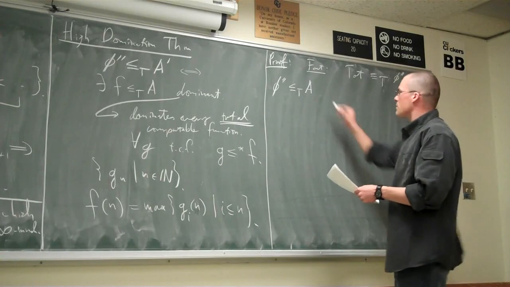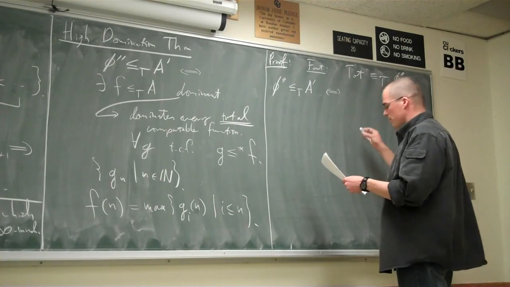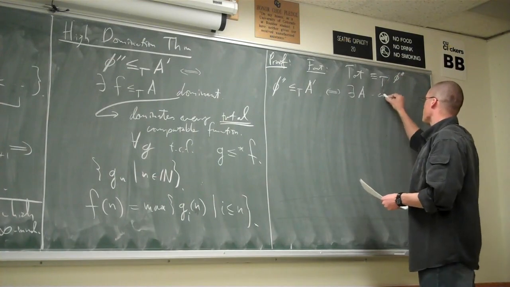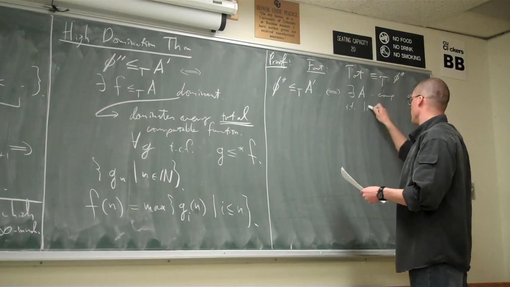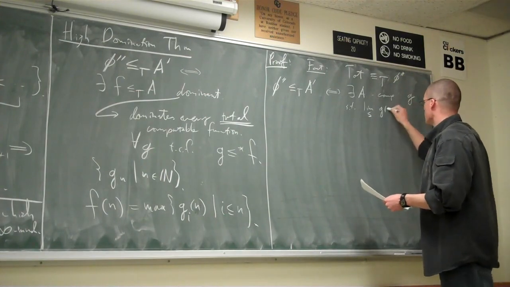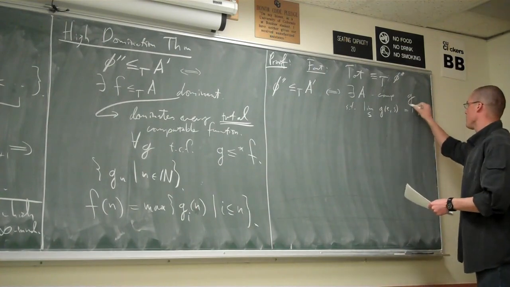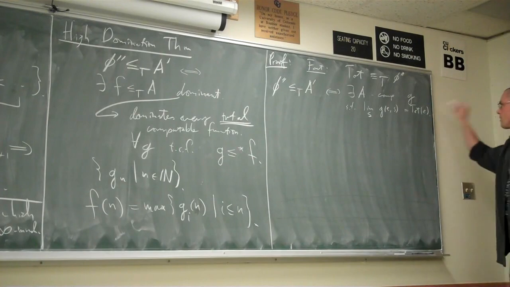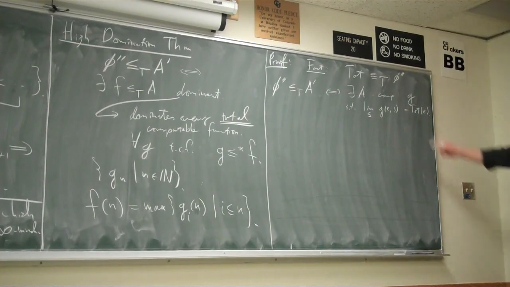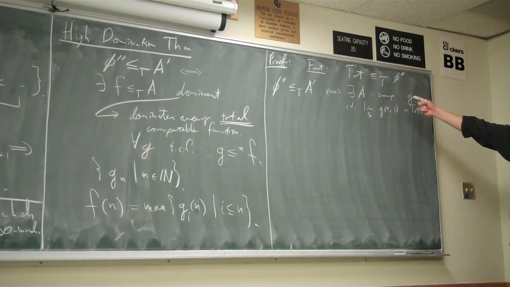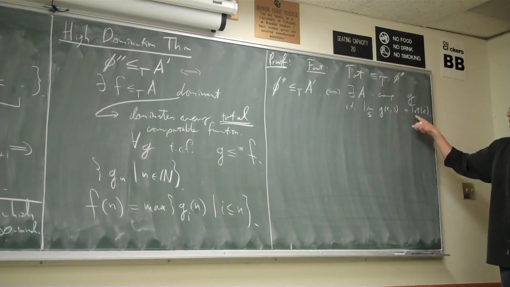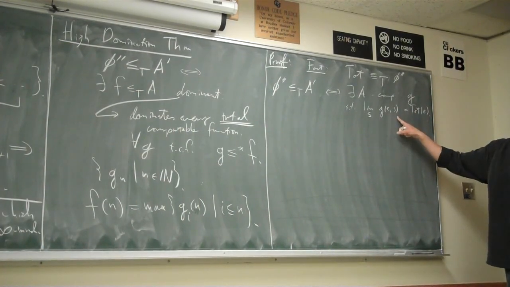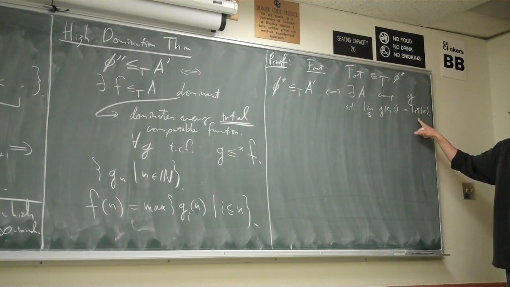Zero double jump Turing reduces to a jump if and only if there is a computable G such that the limit over S of G of E, S is equal to the characteristic function of Tot at E. This says there exists a computable function of two arguments that doesn't give you the characteristic function of the set of total indices, but its limit over the second coordinate gives you the characteristic function of total functions.